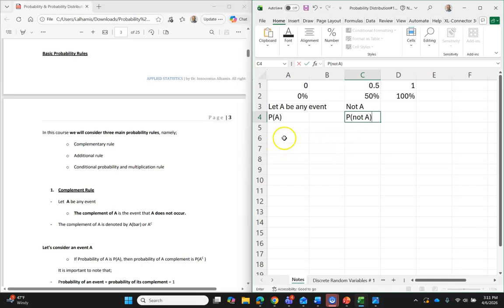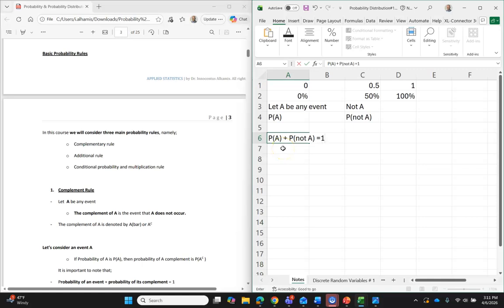So in this case, we can add our probabilities. And so we have probability of event A plus probability of not A, which is the complement of A. And so the answer here will be 1.